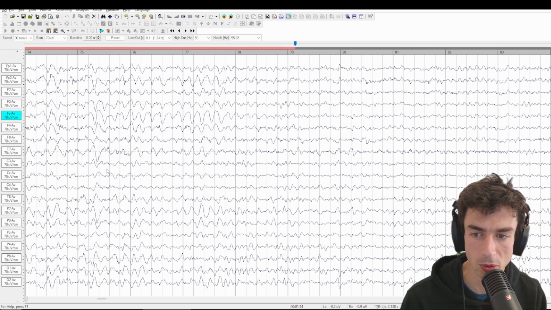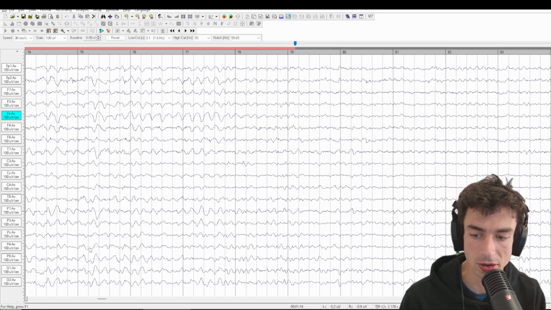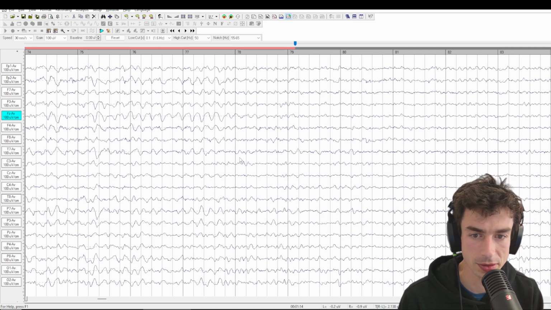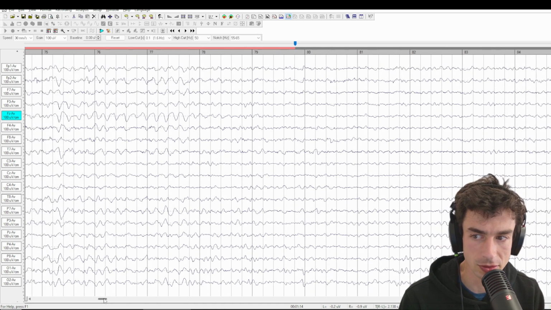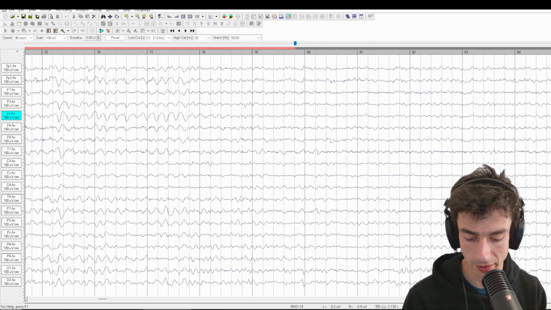And here's an example where that theta is starting to look a little sharper. So I think this is an interesting fragment to pull out.